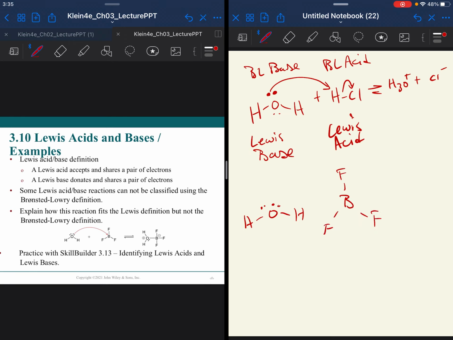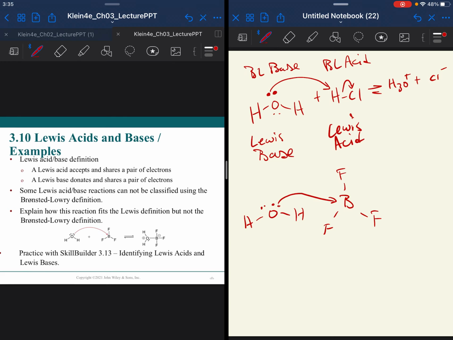So it is a very similar process to what we saw in that Bronsted-Lowry acid-base step up above, but we couldn't think of it in terms of acids and bases if we were focused on the proton. But it is still the donation of those electrons from the oxygen, and the boron is accepting them.